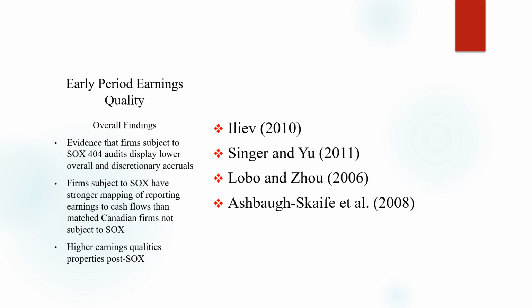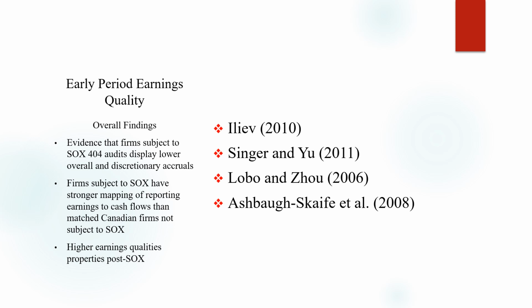Right, in that there was a lower level of intentional misstatements, and there was a higher predictive power of current earnings for future earnings and cash flows for our U.S. Sarbanes-Oxley subject firms. So once again, suggesting that we have higher quality of earnings under a Sarbanes-Oxley regime than under a regime which does not use Sarbanes-Oxley.